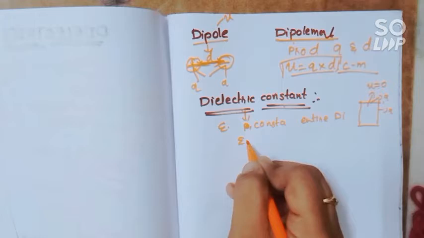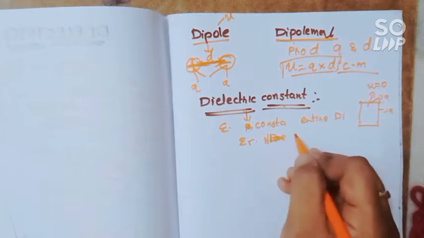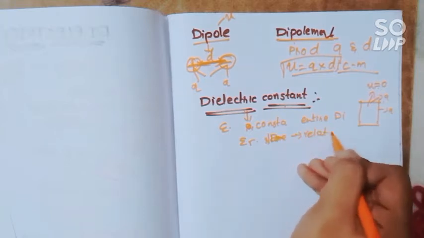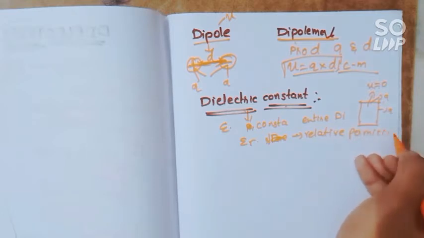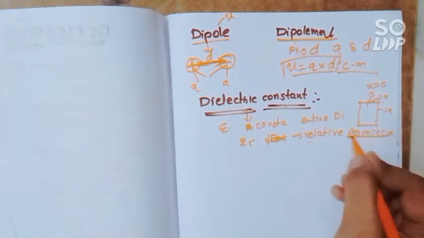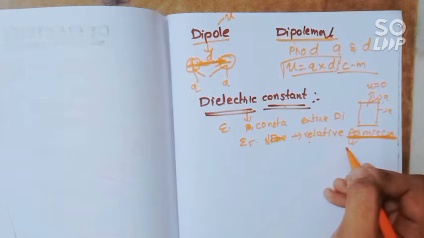It is denoted by epsilon. We can also say permittivity, relative permittivity. In magnetism, we knew about permittivity. The word permittivity means the ability of a medium to change the dipole moment.